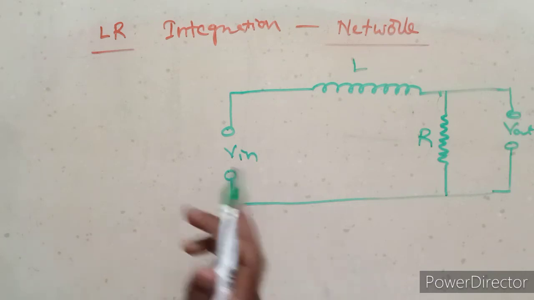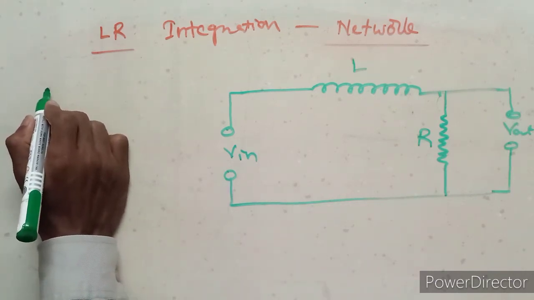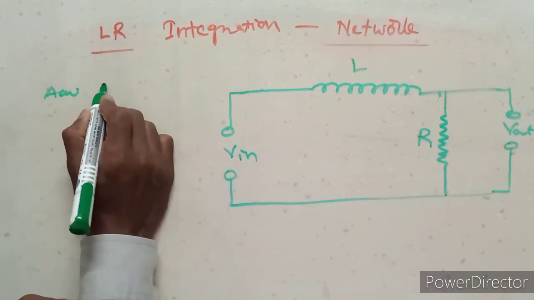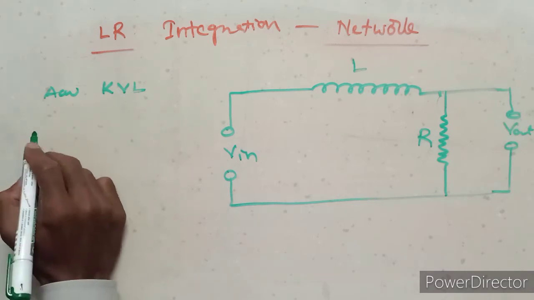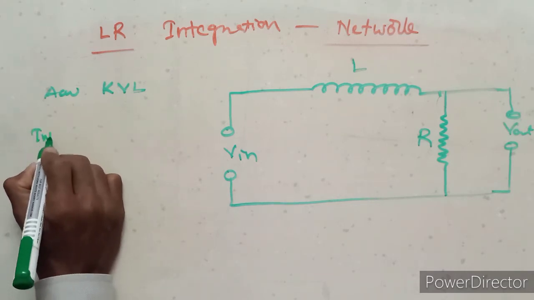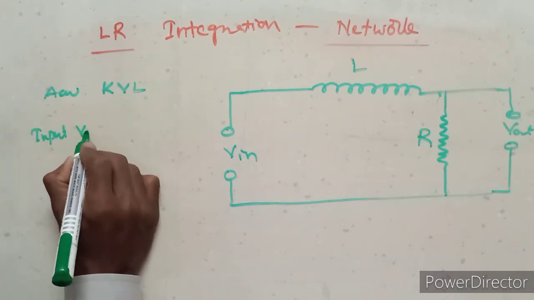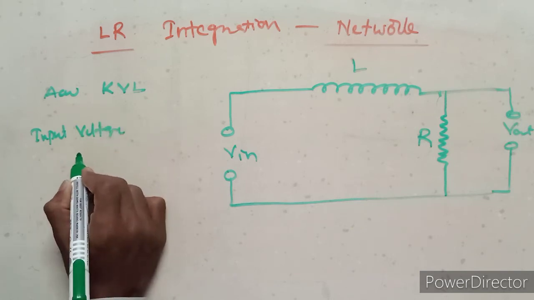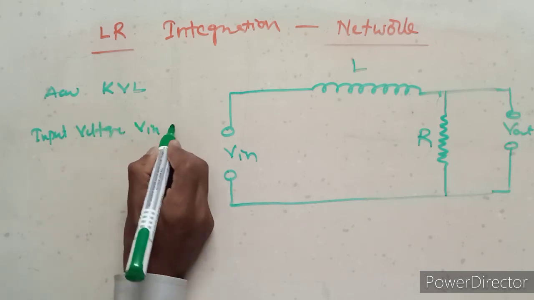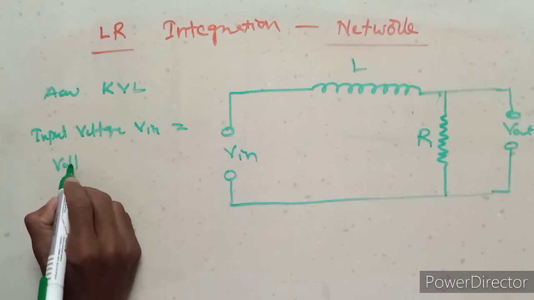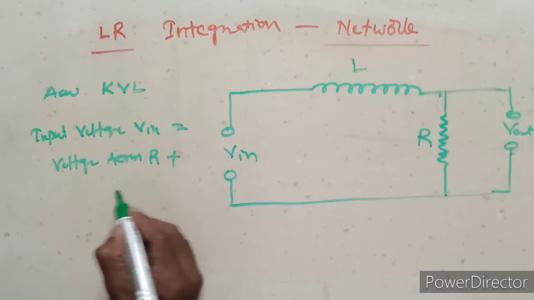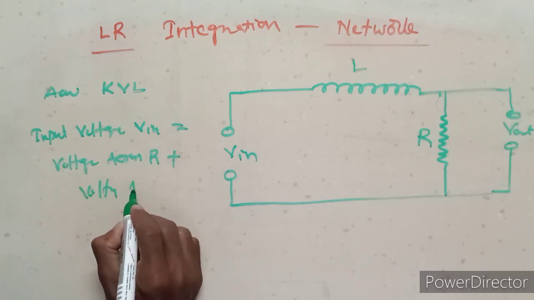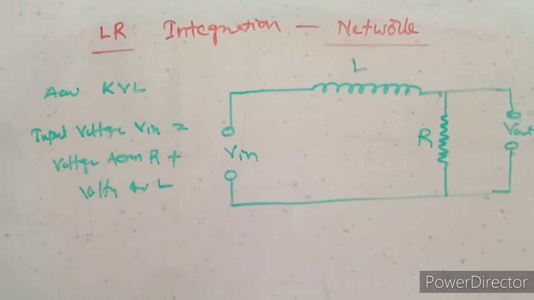And also, according to KVL, which means Kirchhoff's voltage law, the input voltage equals the voltage across resistance plus the voltage across inductance.